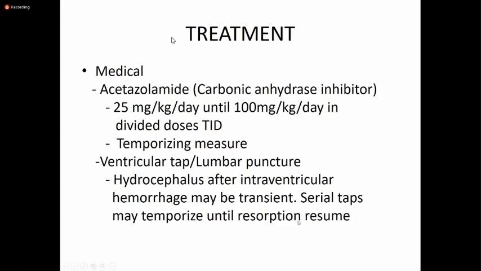So by this means, we do the ventricular tap or lumbar puncture in very selected cases, not all cases. In some cases, like if the patient is having very high raised intracranial pressure, it will be very dangerous. These are the temporizing measures.